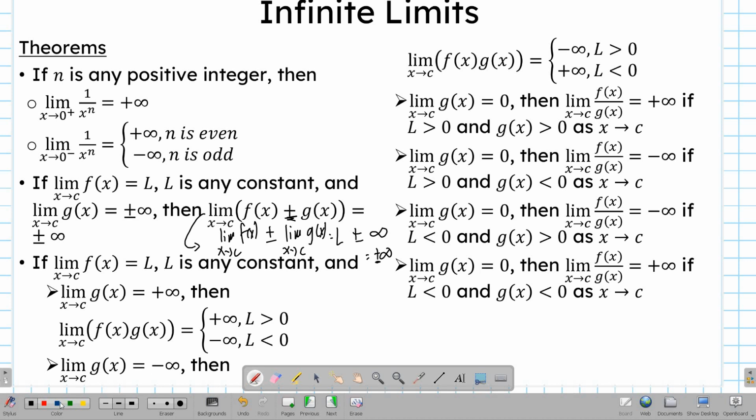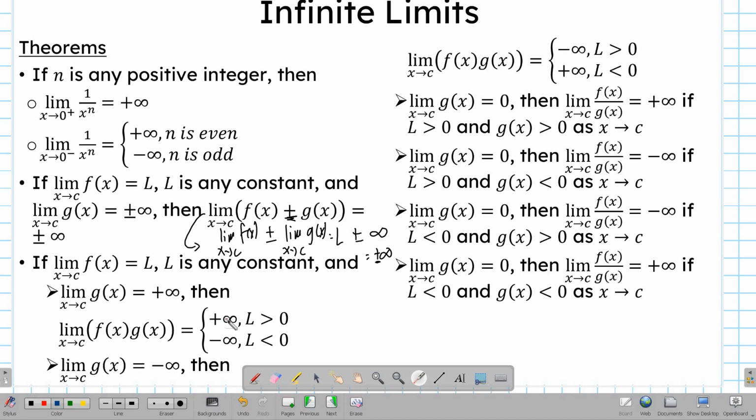When it comes to multiplication, it's the same basic rule. If L is the constant and the limit of g of x is positive infinity, then if L is positive, positive times positive is positive, so positive infinity.